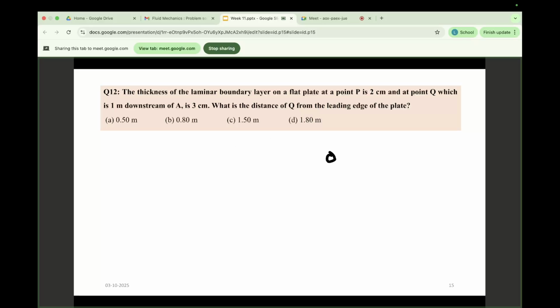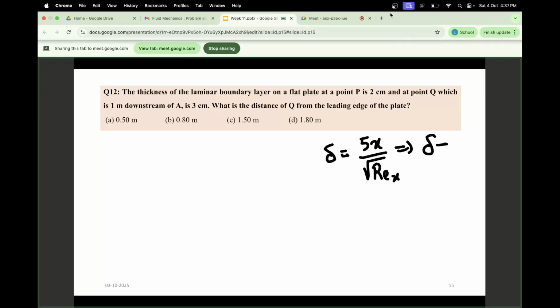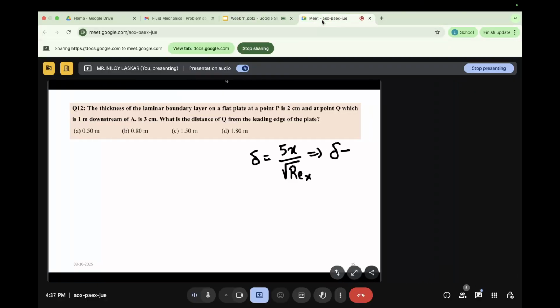I'm just recalling you this formula. This was our initial formula. From this initial formula, what I got, you just remember this thing. I'm not writing this thing. Please try to solve.